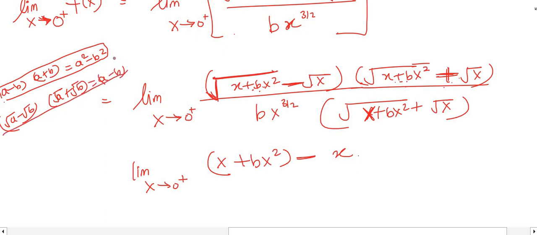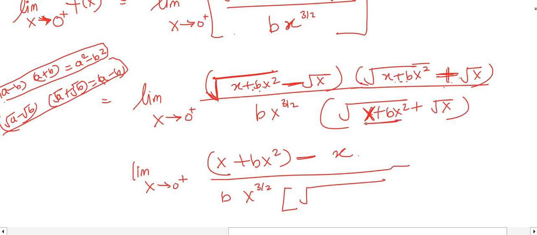I think everyone knows by now. Divided by whatever it is, bx power 3 by 2. Let me write down here, under root of, here we will do one more manipulation. Can I take x common in these two? So it will be 1 plus bx plus root of x.